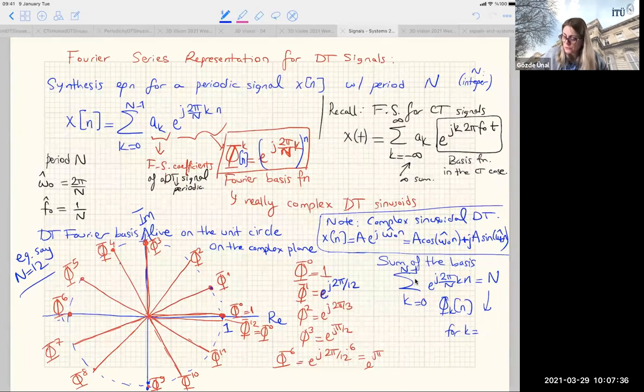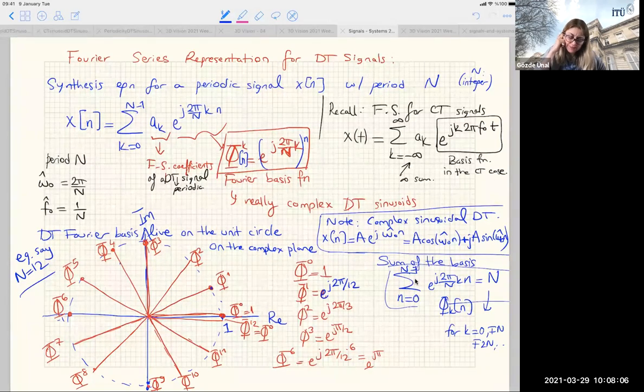I want the sum of the bases over, this is a time sum. The other thing is also valid, but this is a time sum. You can also show that the sum from n equals 0 to N minus 1 is equal to capital N for k equal to 0, plus or minus N, plus or minus 2N.